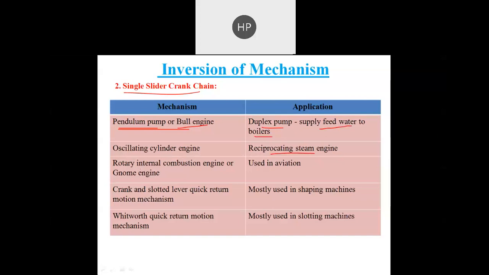Third, the rotary internal combustion engine or gnome engine, which is used in aviation. The crank and slotted lever quick return mechanism is mostly used in the shaper machine. And finally, the Whitworth quick return mechanism is used in a slotter machine. So these are the various inversions of a single slider crank chain.